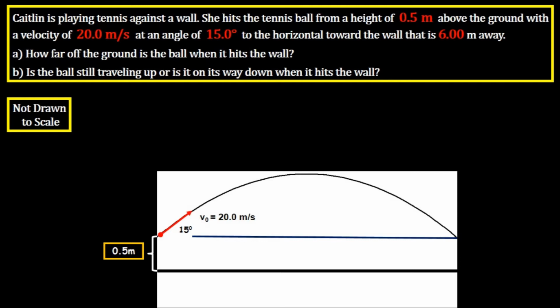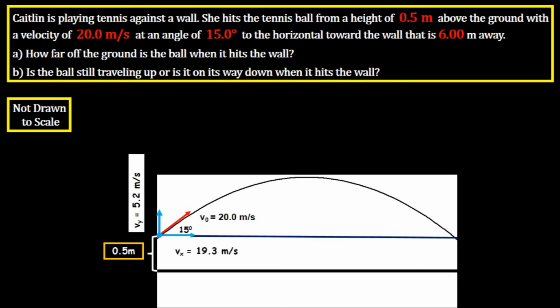Here's the problem set up. I'm not going to spend a lot of time on finding Vx and Vy using trigonometric quantities. Those should become second nature to you. The 0.5 meters, they kind of talk about that. That's just to tell you that it'll land, we think, 0.5 meters off the ground.